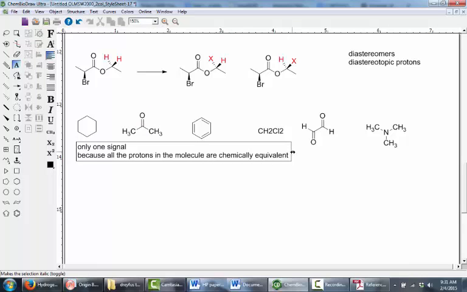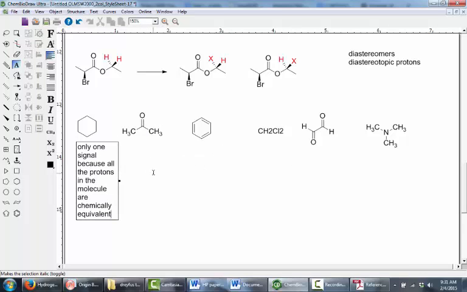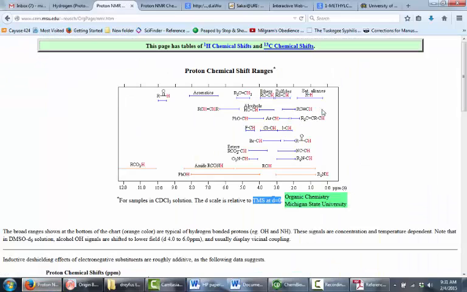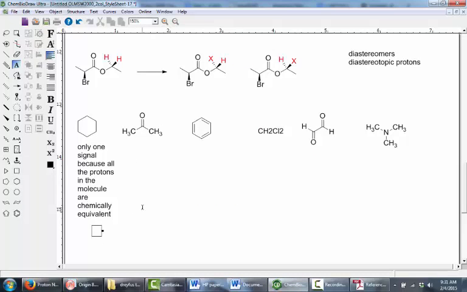And because this cyclohexane is a saturated alkane with no heteroatoms, if I go to my table and see saturated alkanes, those are usually between 0 and 2 ppm. So where would these protons be expected to show up? Expect a proton NMR signal between 0 and 2 ppm for the cyclohexane.